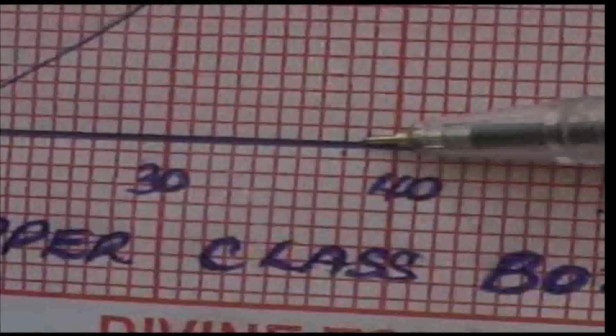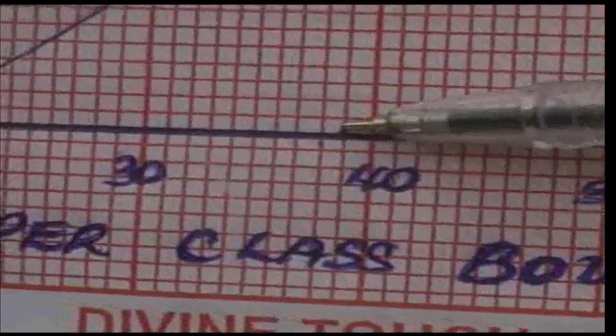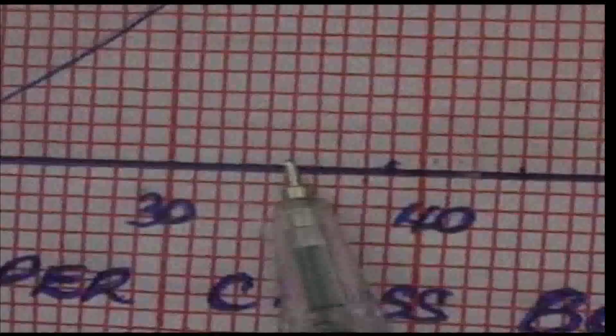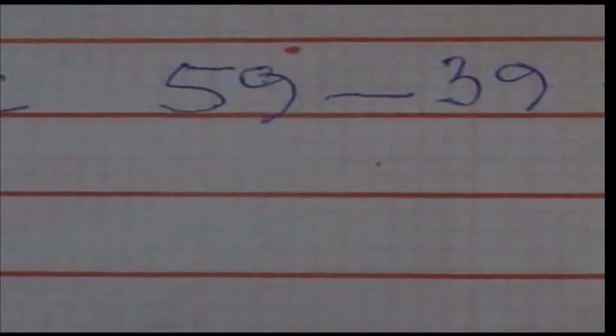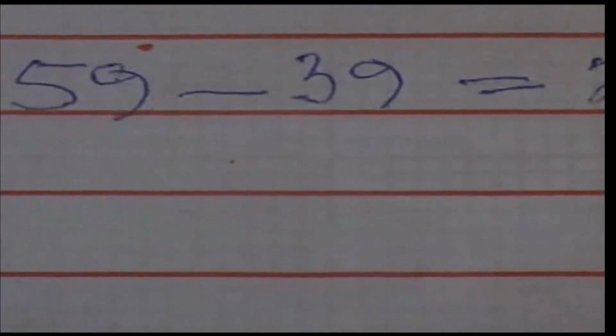So this is the value we have down. So make a point here. So this is the point. So read the value. This is 30. It should be 31, 32, 33, 34, 35, 36, 37, 38, 39. So write 39. If you divide the value you have here by 2, 59 minus 39 will give you 20.